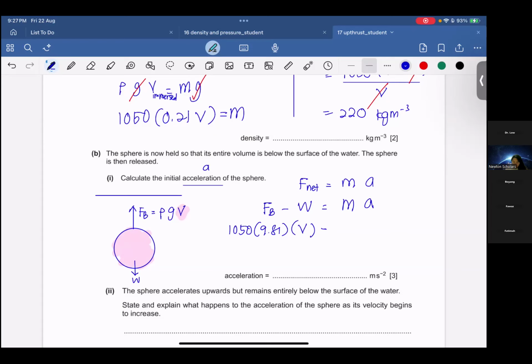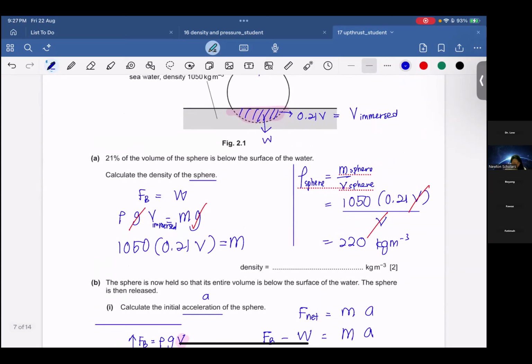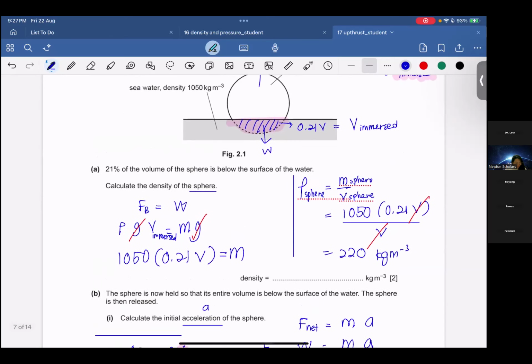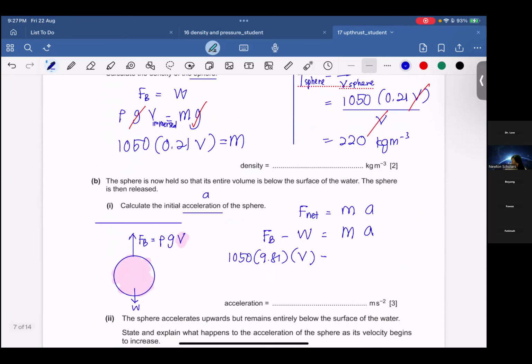Weight is mg. M is our mass. Oh, okay. W is actually mg, and m is actually rho V. So rho Vg.